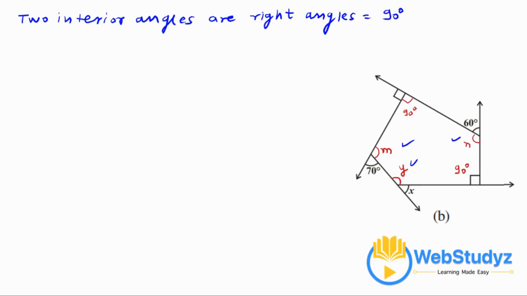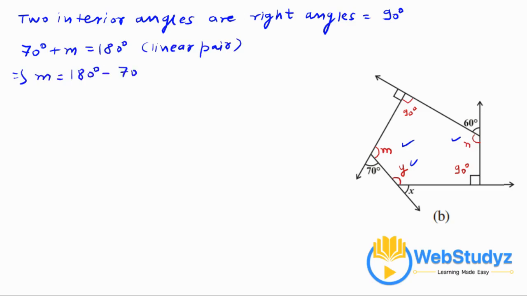So again with the linear pair we can write that 70 degree plus M is equal to 180 degree. So from here we can find out the value of M. M is equal to 180 minus 70, which will give us the value of M as 110 degree.